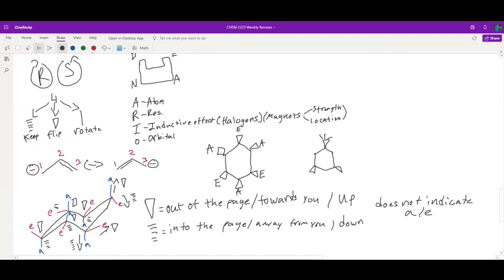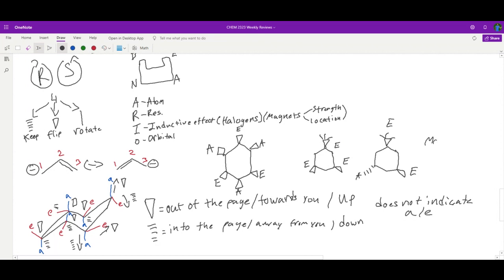Based on this, I know these are going to be equatorial. And if I have something like this, if I have a dash, all I have to do is flip that position. So if it's normally an E, it's going to be an A. If it's normally an A, it's going to be E. So whatever works for you.